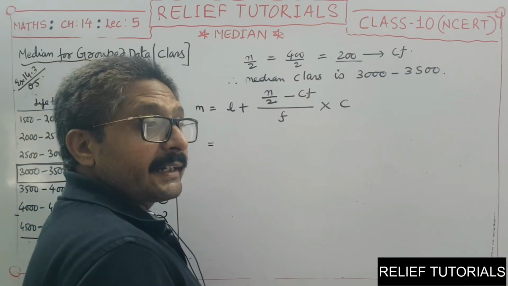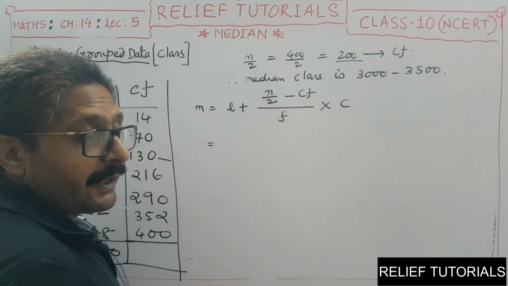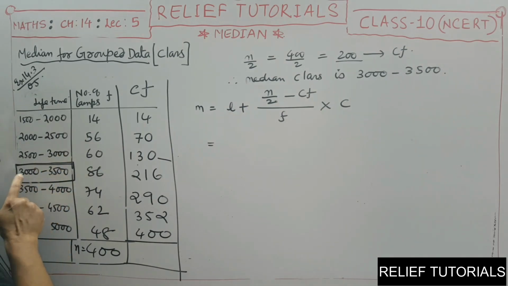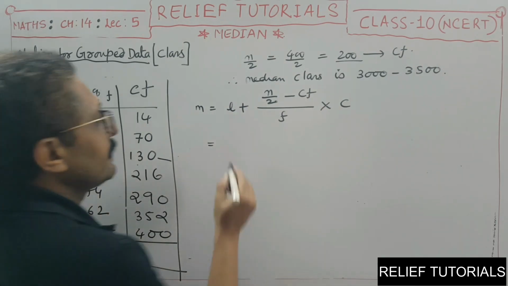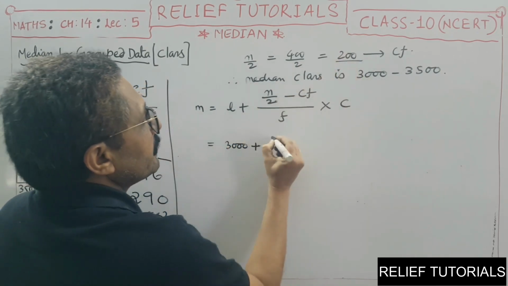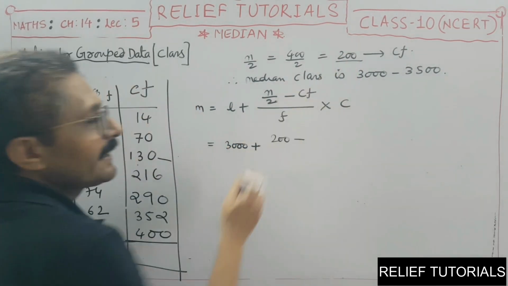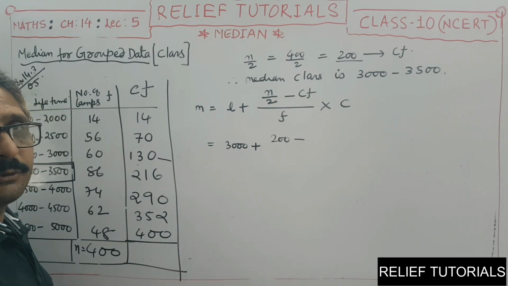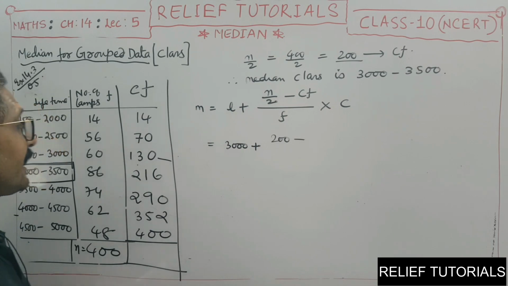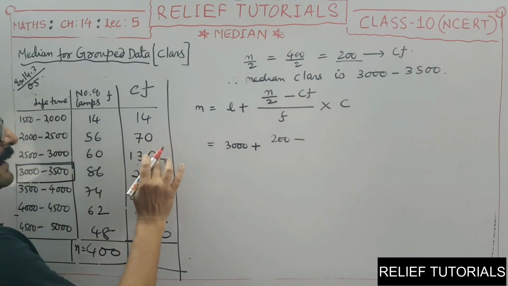Now L. While writing L, you have to keep one thing in your mind. You have to look at the class. It is a continuous class. So L is equal to 3000. So 3000 plus n by 2. n by 2 is 200. Now minus CF, cumulative frequency. I told you here you will consider the cumulative frequency of the class preceding the median class.